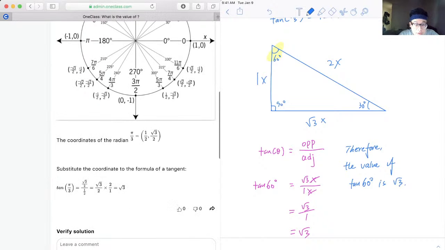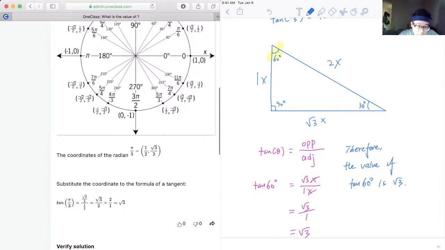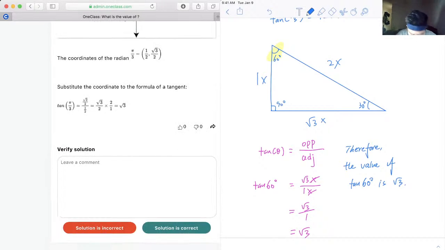You substitute the coordinate into the formula of a tangent, which is tangent pi over 3 is equal to root 3 over 2 over 1 over 2, which is equal to root 3 over 2 times 2, which is still going to give you root 3 as your answer. So either way works. Okay, so let's leave a comment. Solution is correct. We're done.